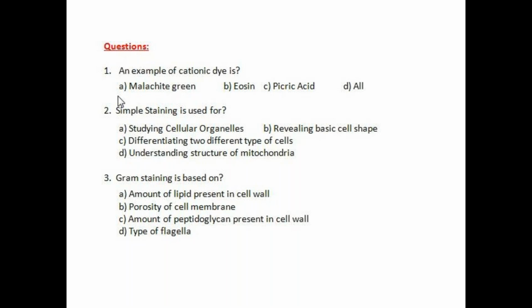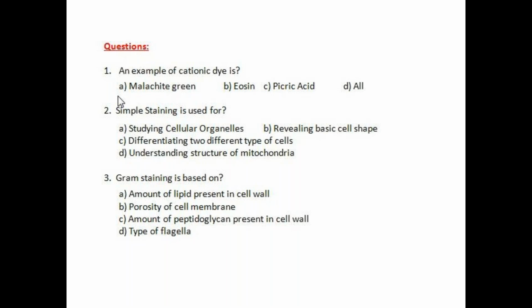Examples of basic dyes: methylene blue, crystal violet, safranin. These are the basic dyes.